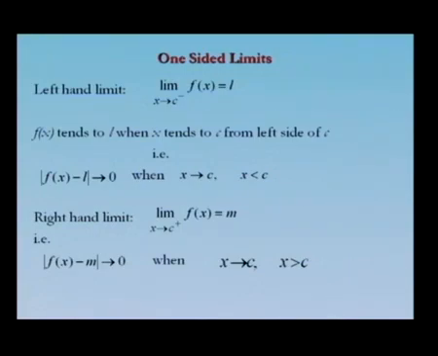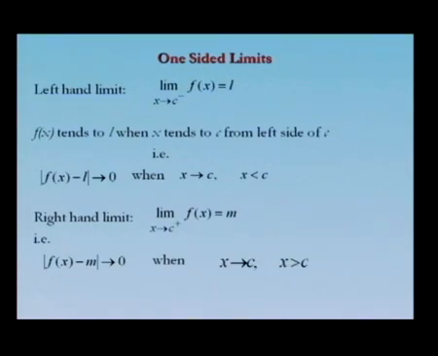When x is reaching towards c from the left hand side, and if f is reaching some number L, then we say that L is the left hand limit of f at c. It means that the difference between f(x) and L is reaching towards 0 when x is reaching towards c from the left side.